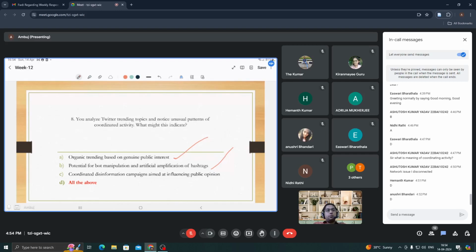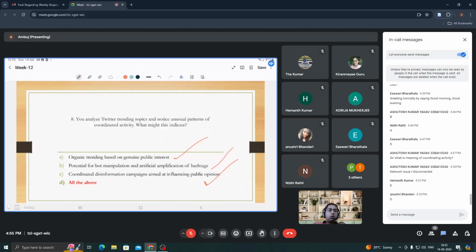It's a possibility. Then option C: coordinated disinformation campaigns aimed at influencing public opinion. There is a possibility that coordinated disinformation or misinformation campaigns are being hosted, aimed at influencing a particular opinion.